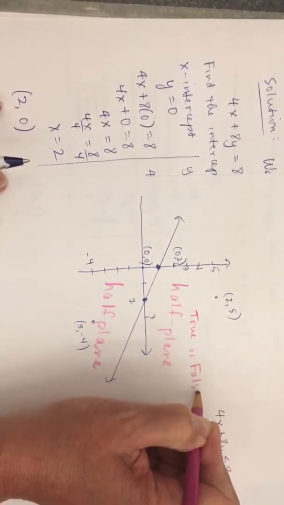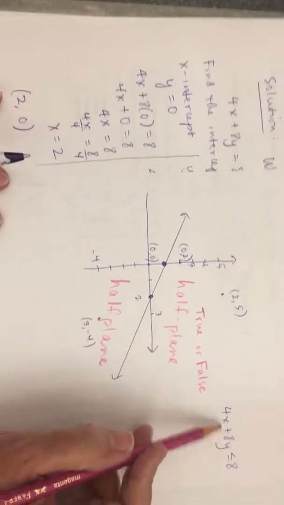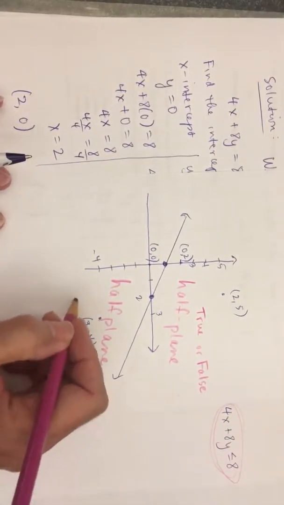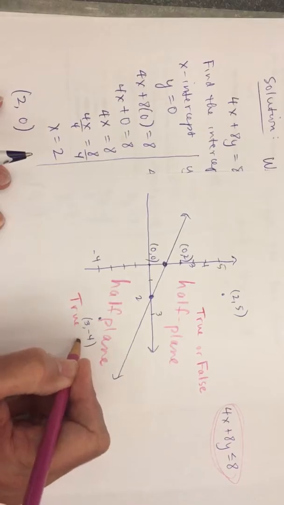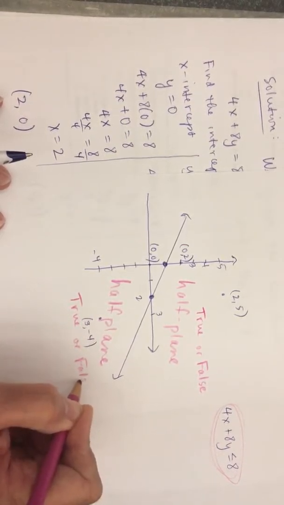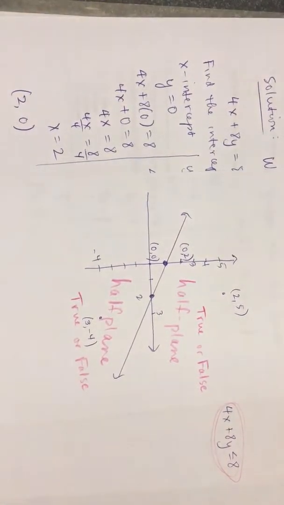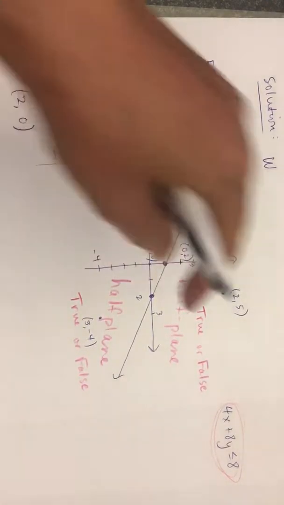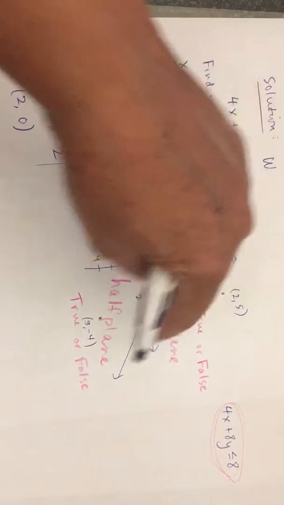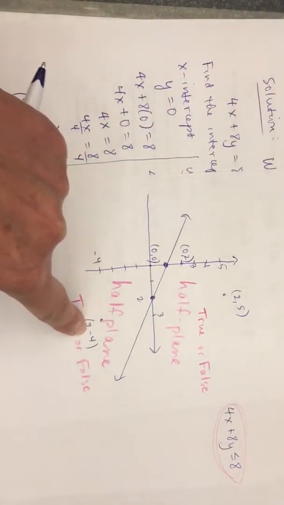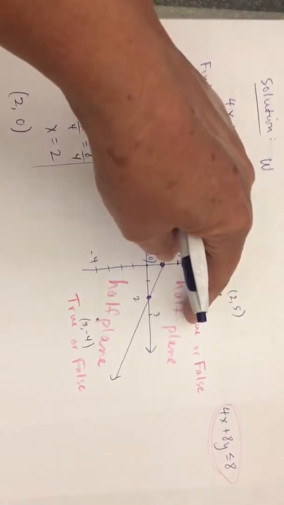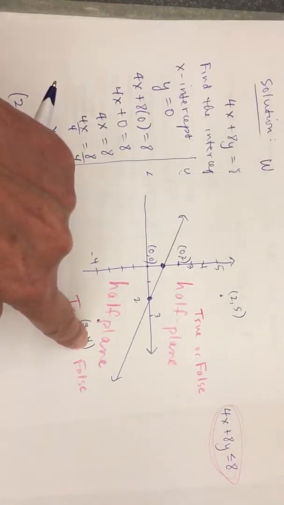All the points on one side will be one of those, and this side would either be true or false. But they're opposites of each other. So if this side is true, this side's going to be false. And if this side is false, this side will be true.